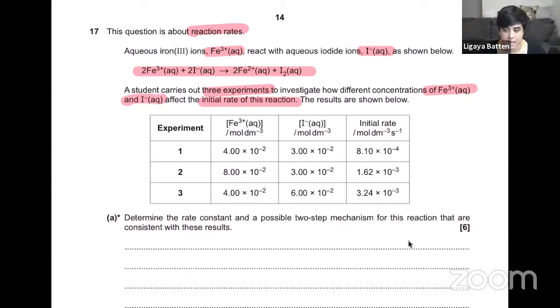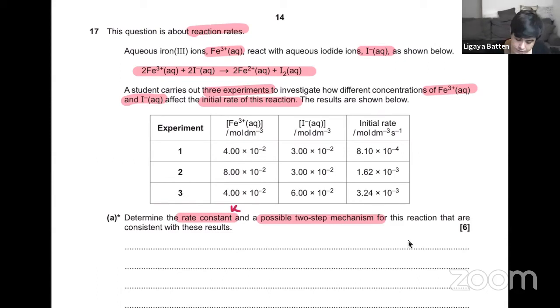This is a similar type of table to the one we had in the example, and it wants us to determine the rate constant, which is k, and a possible 2-step mechanism for the reaction that is consistent with the results. So we want to figure out the rate equation, then use it to calculate the value and units for the rate constant, and then use the rate equation to figure out a 2-step mechanism for this reaction.